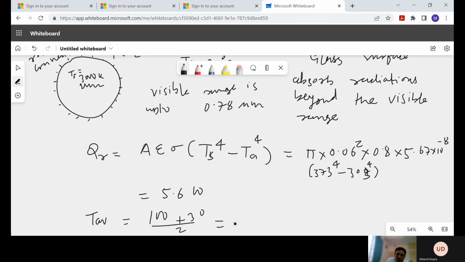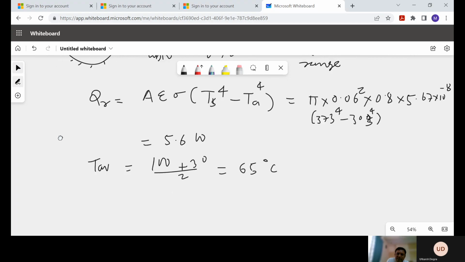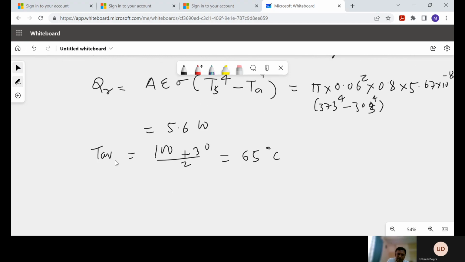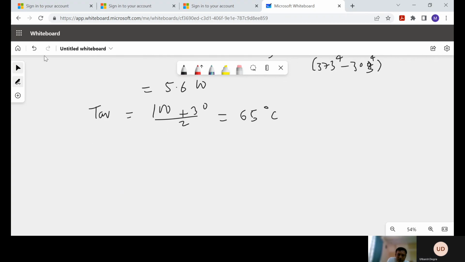So that comes around 65 degrees Celsius. Then we have to account all the properties of air at 65 degrees Celsius, isn't it? Yes, sir. Do you agree?